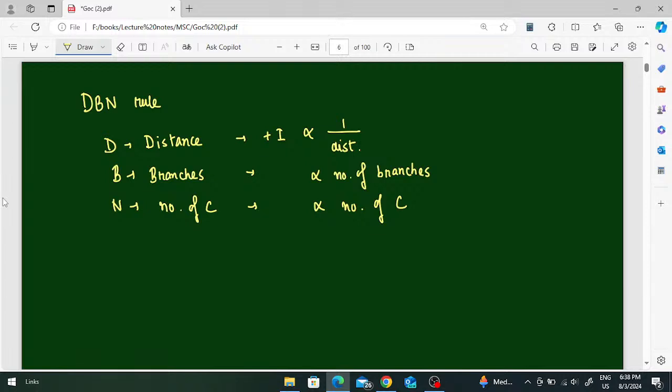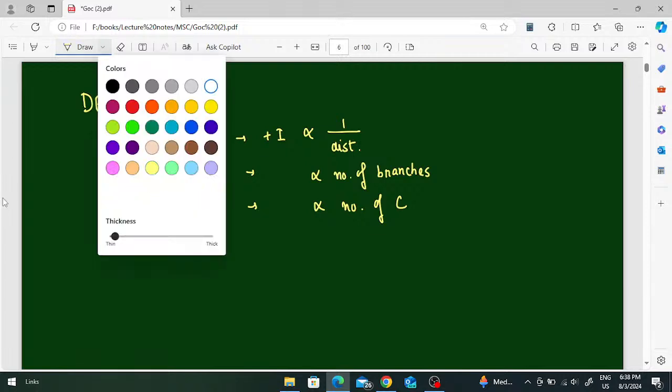So let's check with some examples. Let's take, for example, CH3, CH2, and let's hold it to C. PC means the parent chain.